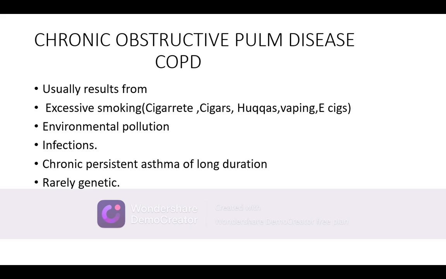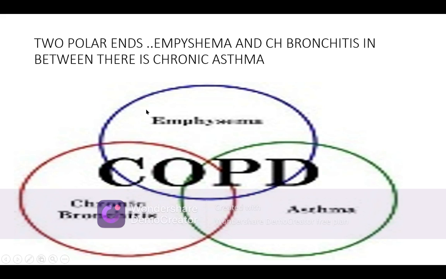Generally, it may be genetic, for example in cases of Kartagener syndrome or ciliary motility disorders or alpha-1 antitrypsin deficiency. In cases of cystic fibrosis, which is genetic in origin again.